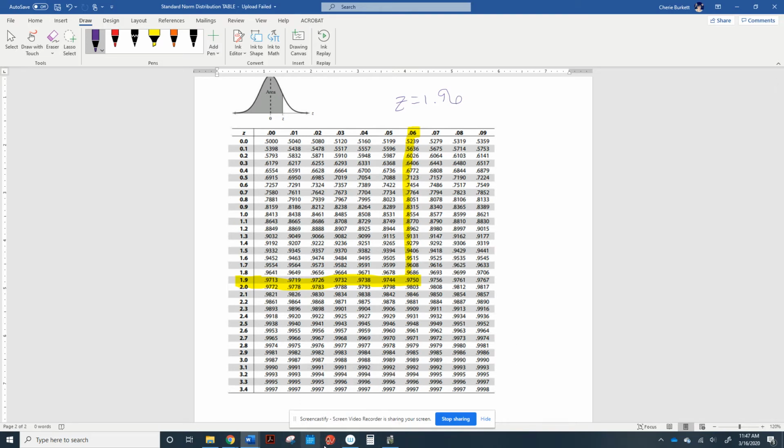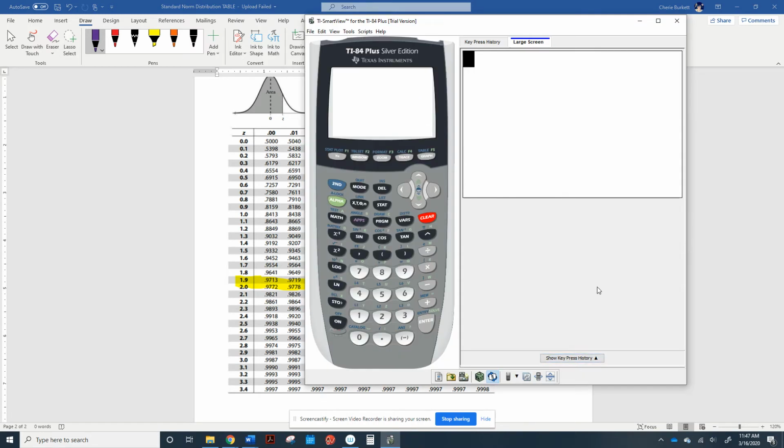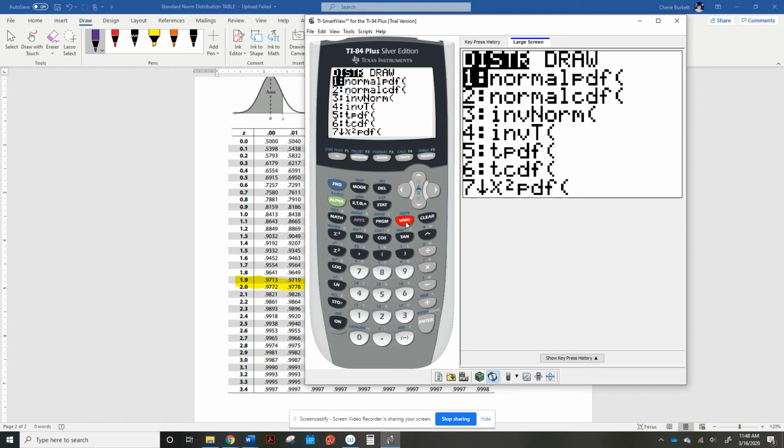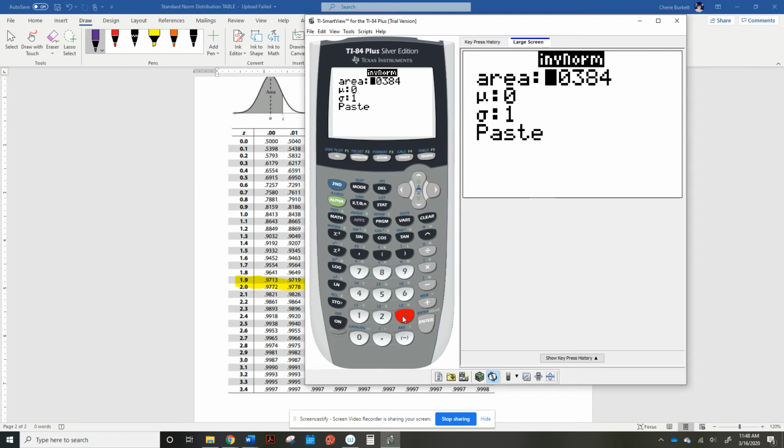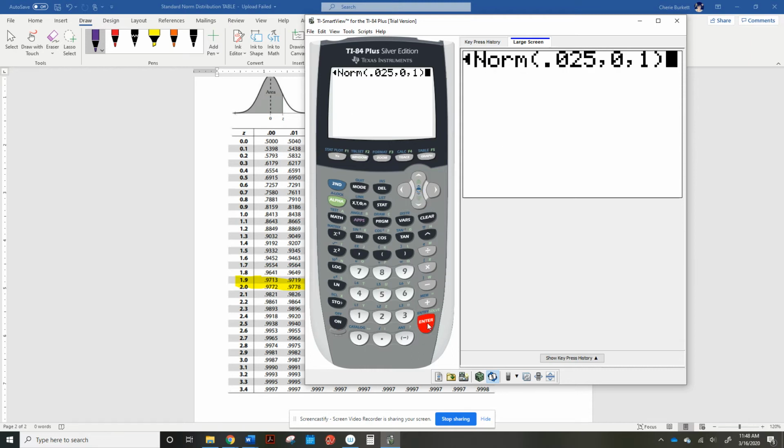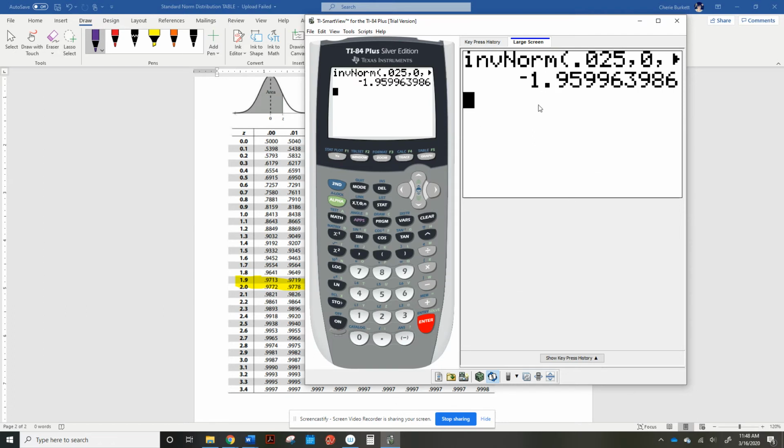If you're going to use the calculator, you have to do one of the areas to the left. So you can't do between on the calculator. So you would have to do inverse norm, and you would have to type in 0.025, and it would give you negative 1.96.